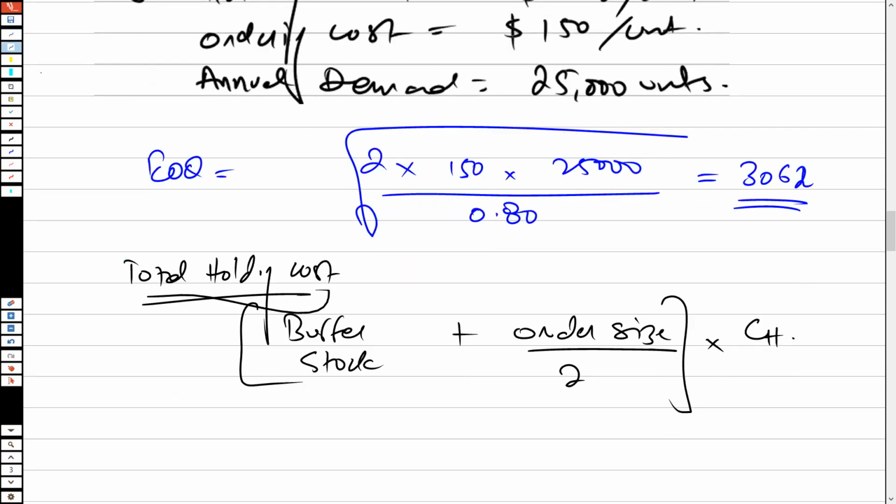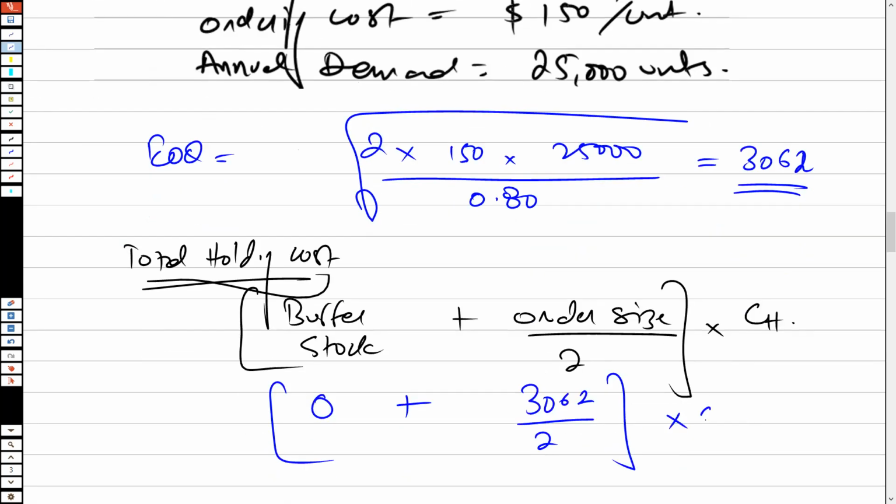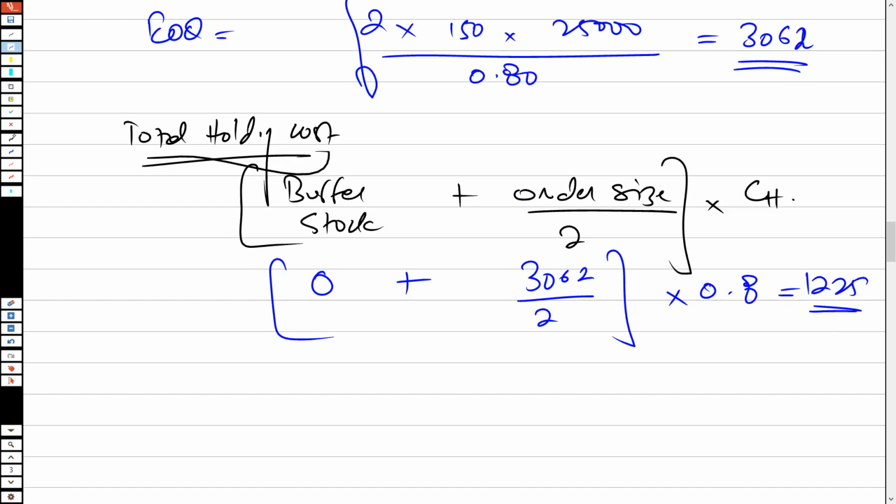In this scenario, the buffer stock was 0. The order size was the economic order quantity, 3062 divided by 2, multiplied by the cost of holding 1 unit per annum, 0.8. So it's going to be 1225. That's going to be the total holding cost.